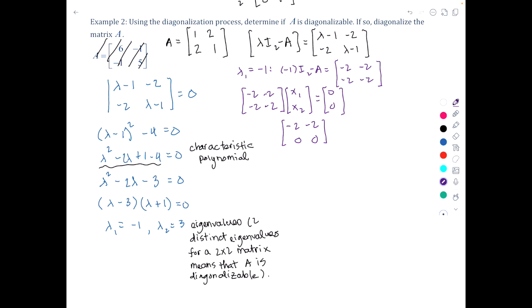And then we have the rest of our equation, so I'll just go ahead and plug it back in this form. So negative 2x1 minus 2x2 is equal to 0. And then we will get negative 2x1 equals positive 2x2. And so x1 is equal to negative x2.